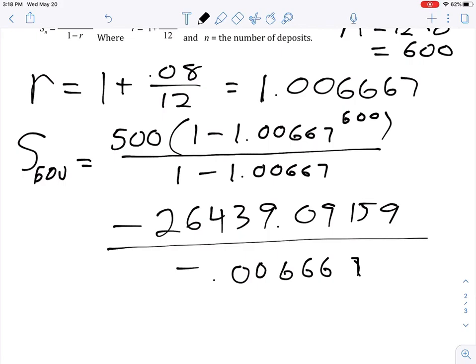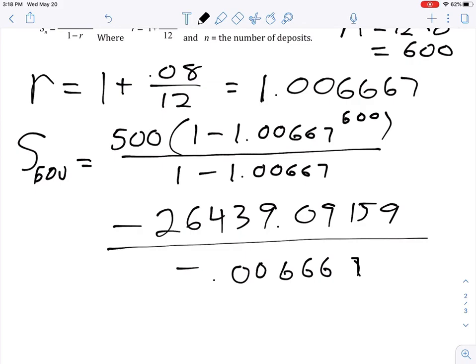Okay, so now I've got, I think I messed up. Let me check this. 1 minus 1.00667. Yeah, okay, so I'm good with putting the negative in there.